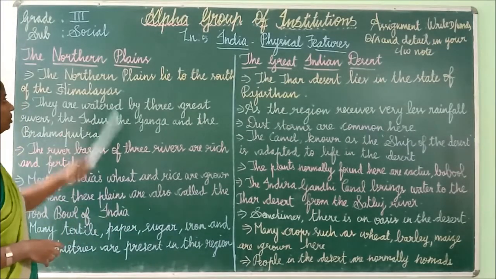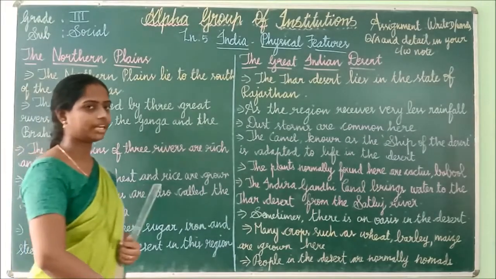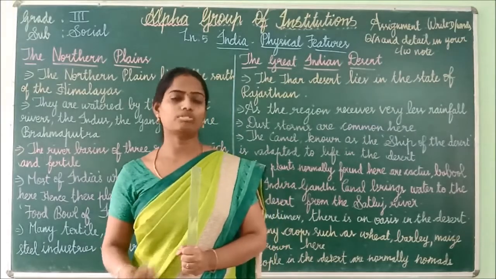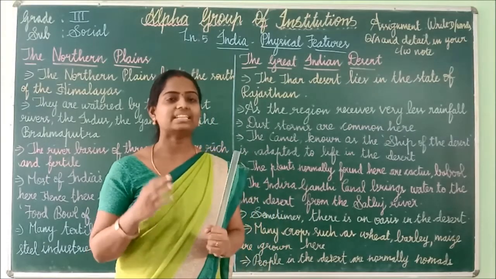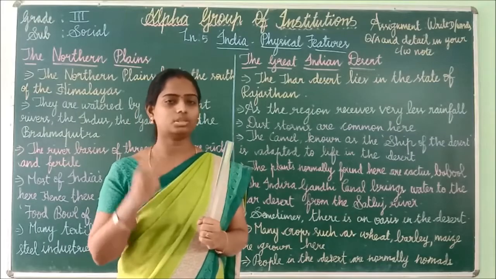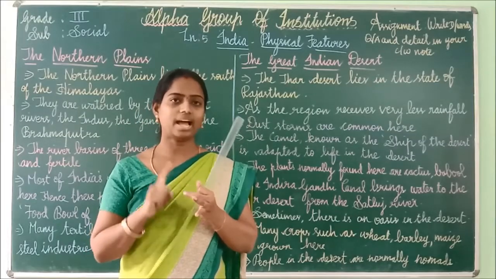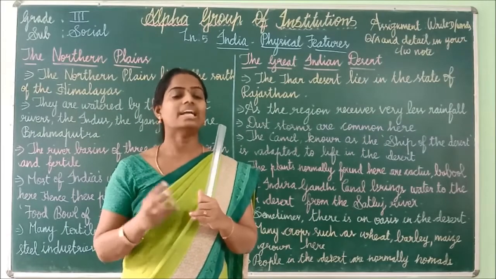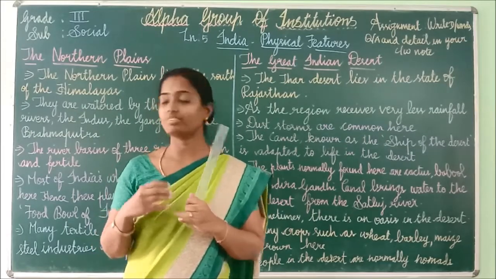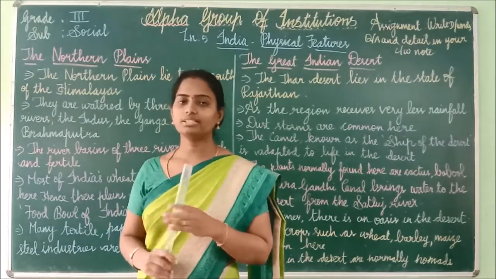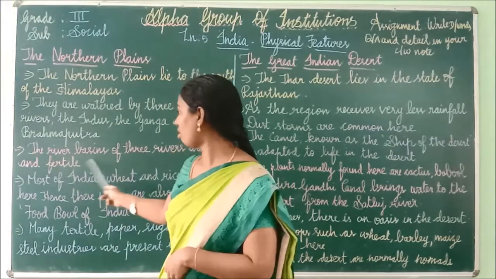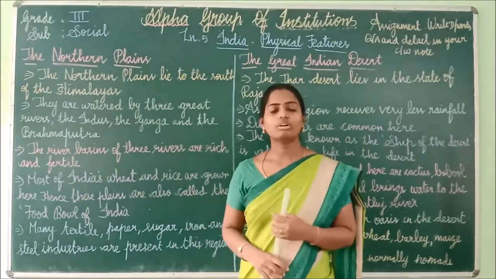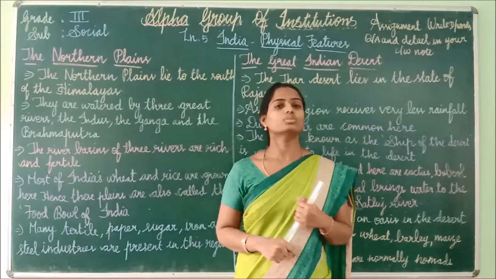Children, this is all about the Northern Plains. I repeat it again, children, listen carefully. The Northern Plains lie to the south of the Himalayas, and they are watered by three main rivers: the Indus, the Ganga and the Brahmaputra. These three rivers play a very important role for cultivation and fertility. The river basins of these three rivers are rich and fertile, and most of India's wheat and rice is grown here.